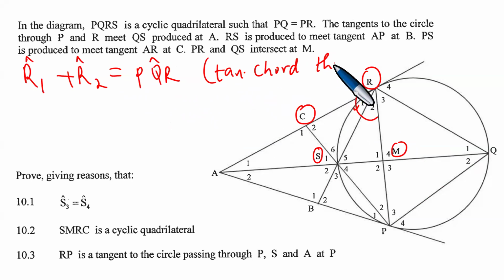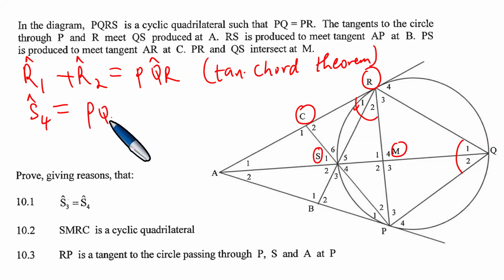Tan-chord theorem. So R1 plus R2 equals PQR, and it is the tan-chord theorem: the angle between a tangent to a circle and a chord equals the angle in the alternate segment. Right. Moreover, we have angle S4, and angle S4 is equal to angle PQR as well.